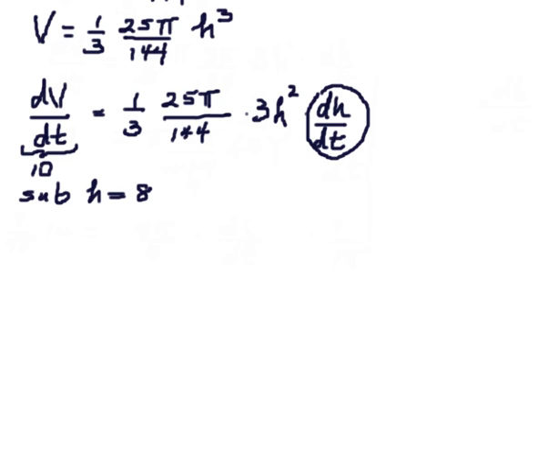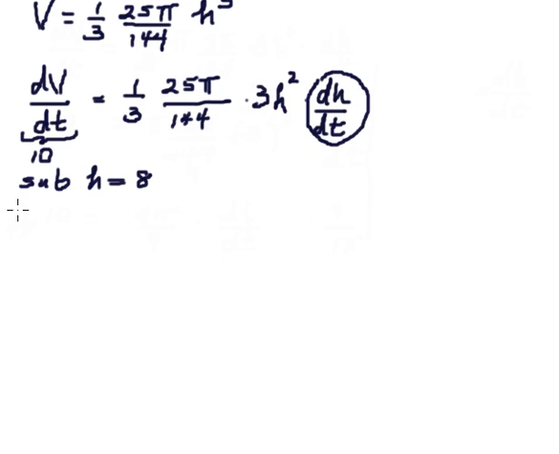We'll be able to solve for dh/dt at that point. So here we have 10 is equal to 1/3. Well, notice that this 3 in the denominator cancels with this 3 in the numerator. So I'm going to erase this 1/3 over here.